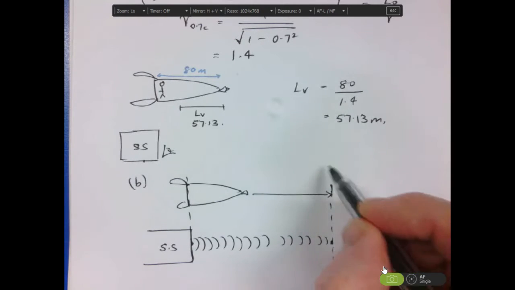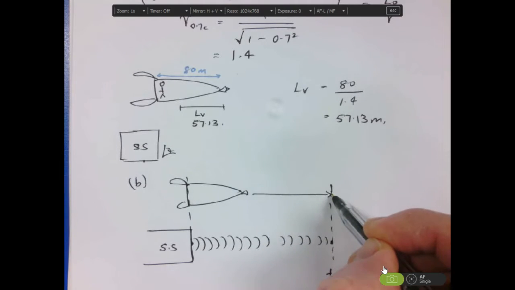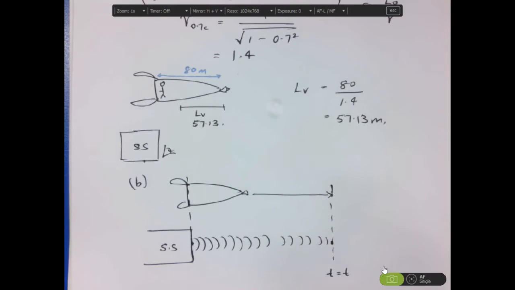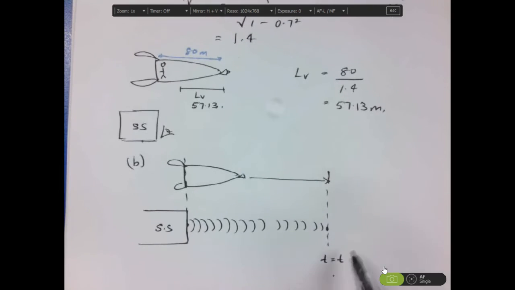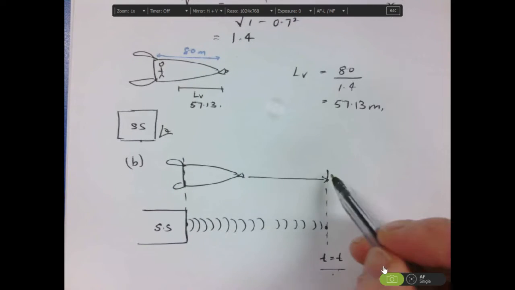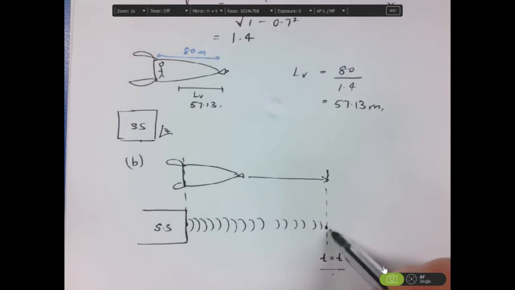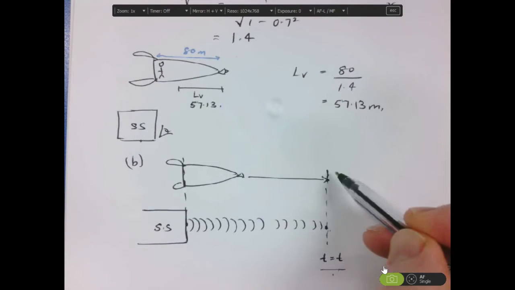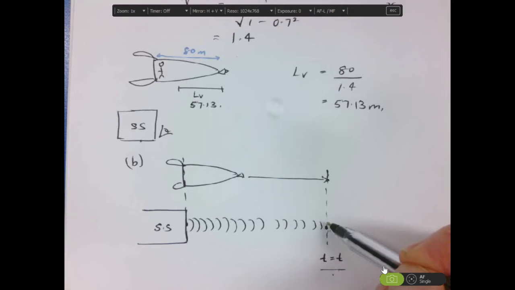So when that spacecraft has moved to here, it will receive this signal after time t. After a certain period of time, this signal and this position of the spacecraft will be identical, and that means that they'll receive the radio signal.